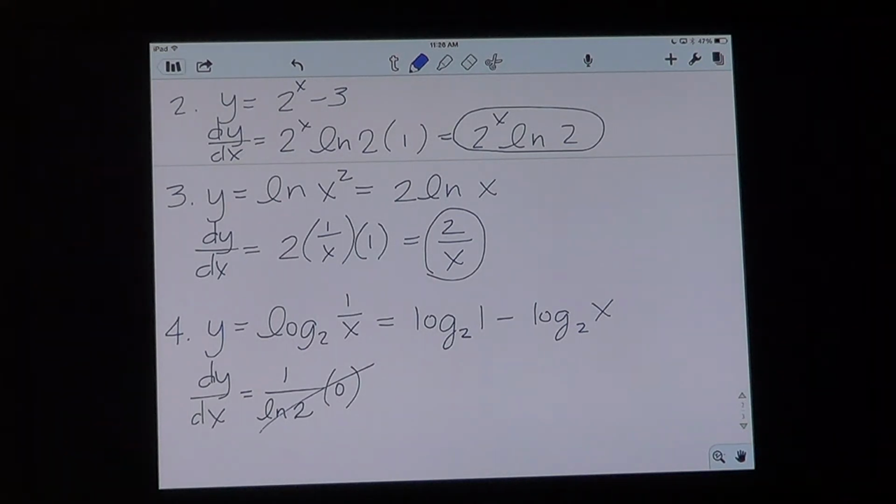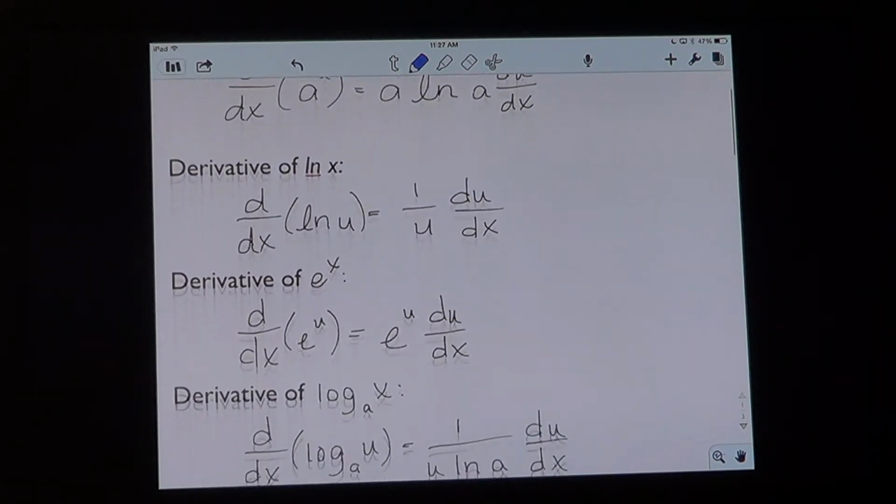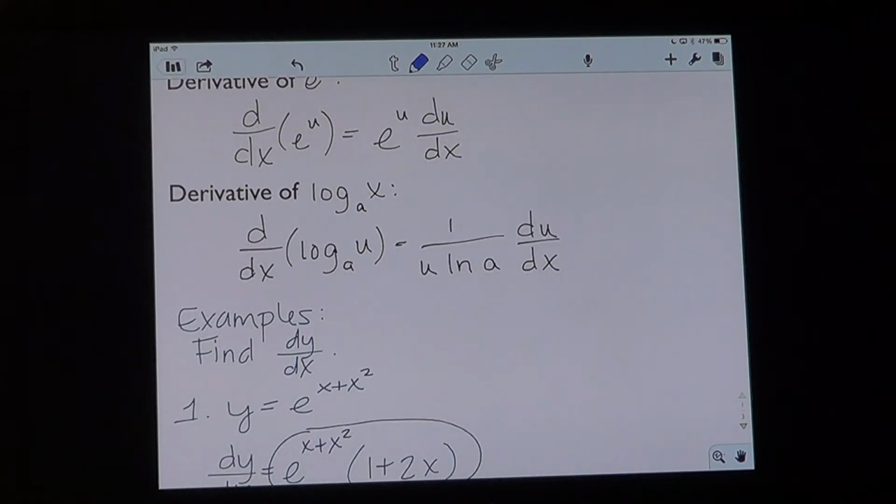Okay? And then we find the log base 2 of x, so we'll have a minus there in front of it. And what will be the derivative of log base 2 of x? 1 over ln 2 times... one over u ln 2.